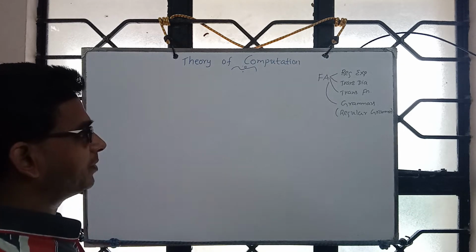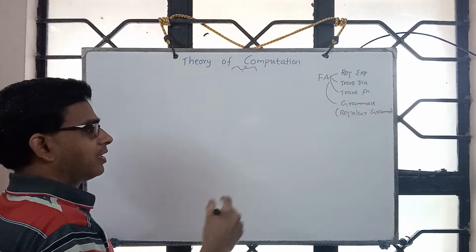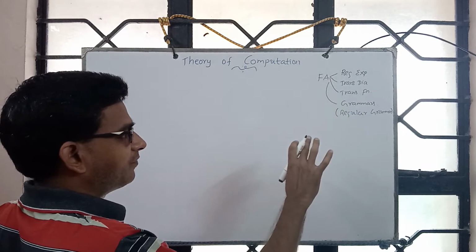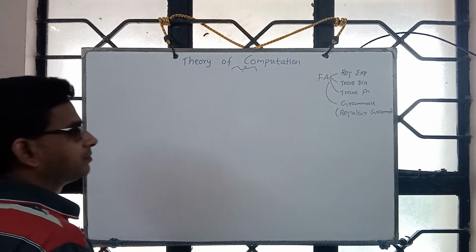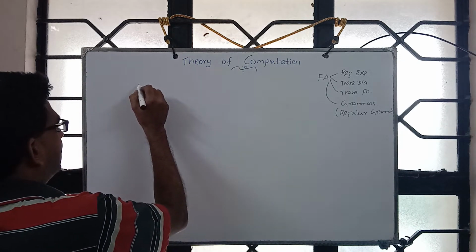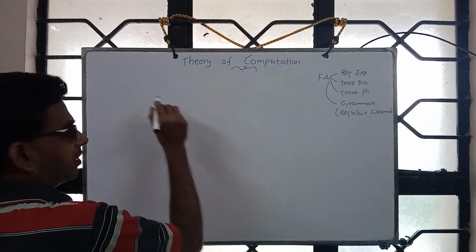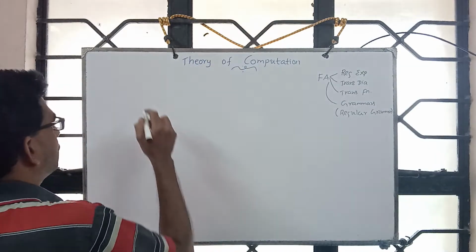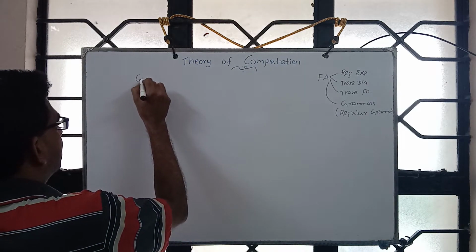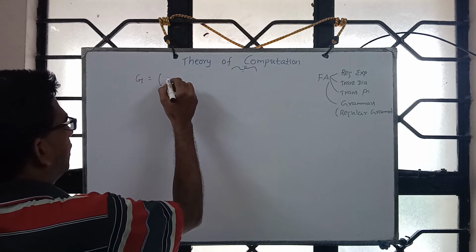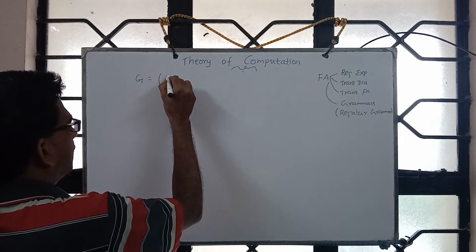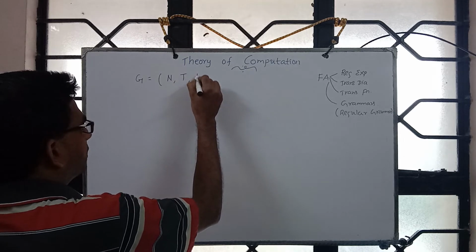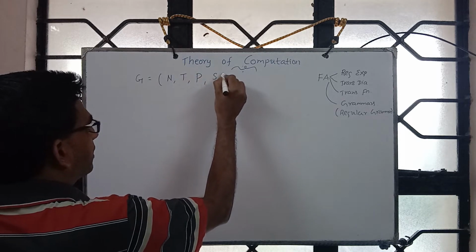Let's see what are grammars, and what similar grammar can we come up with for pushdown automaton. So just like natural language, these grammars have alphabet. Then there are production rules. So grammar G consisting of set of non-terminals and set of terminals, something called production, and start symbol.